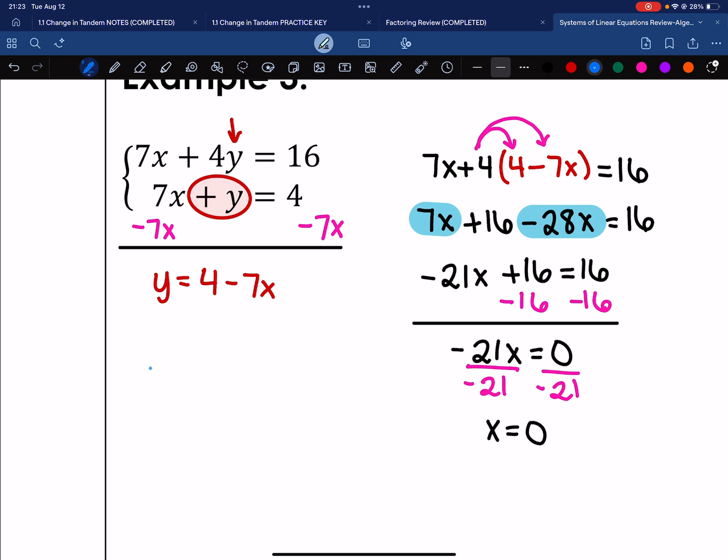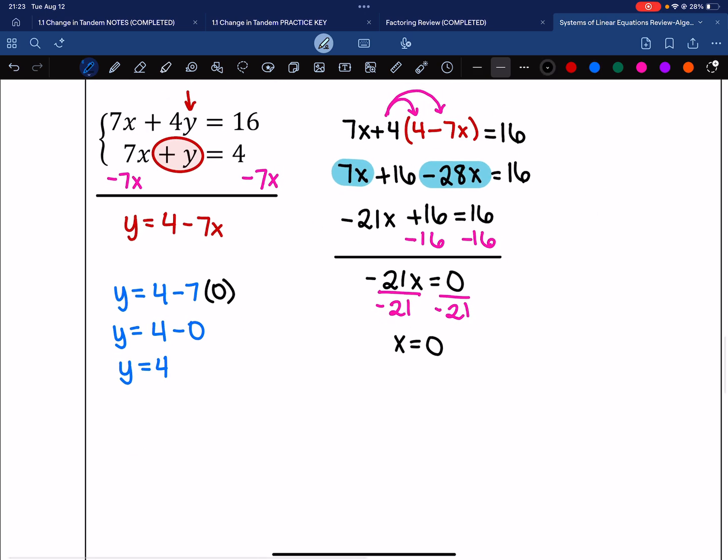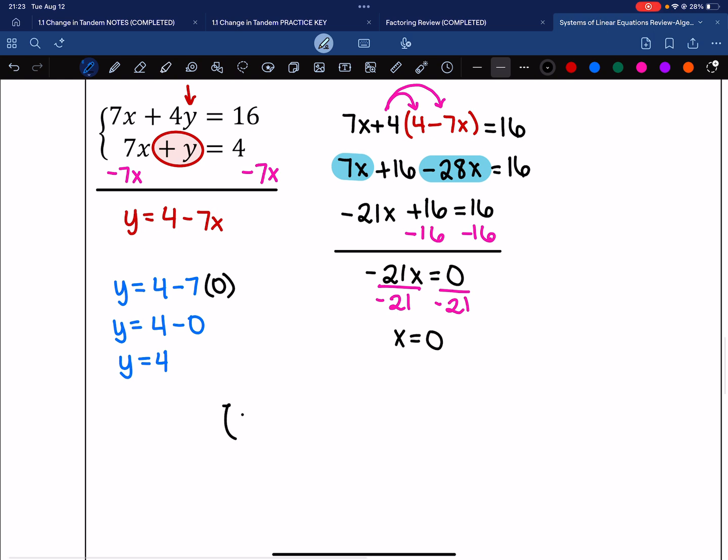So to find our y value, we have y equals 4 minus 7, and we're going to plug in 0 for x. So when we do that, negative 7 times 0 is 0, and 4 minus 0 is just 4. So our solution in this case is our x value first, our y value second.